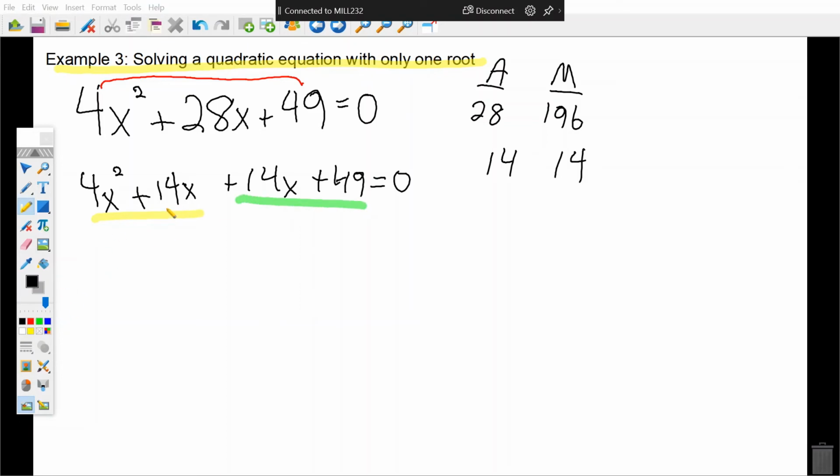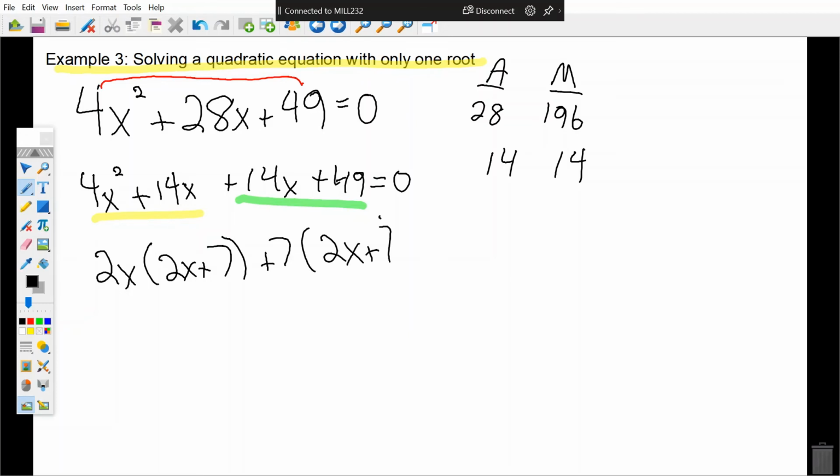Out of the first two, you can factor a 2x, leaving us with 2x plus 7. And out of here, we can factor a 7, leaving us with 2x plus 7. 2x plus 7, those are the same, that goes down. What's remaining? 2x plus 7.